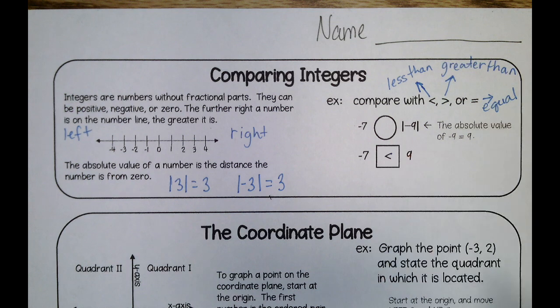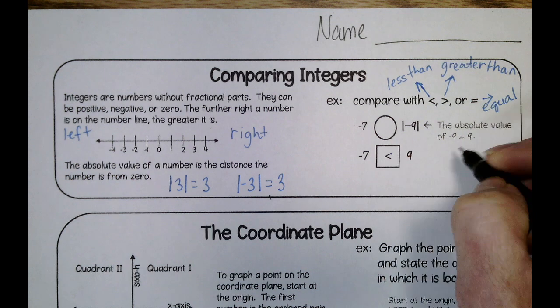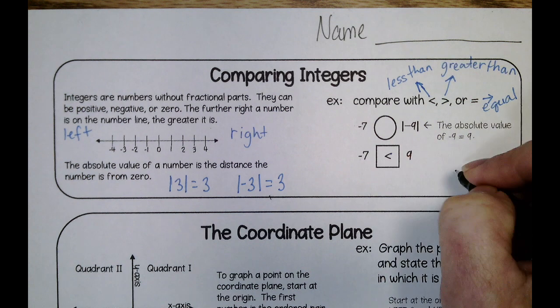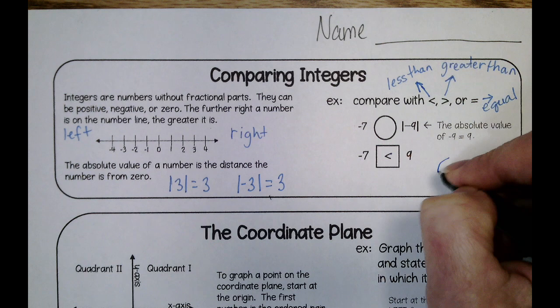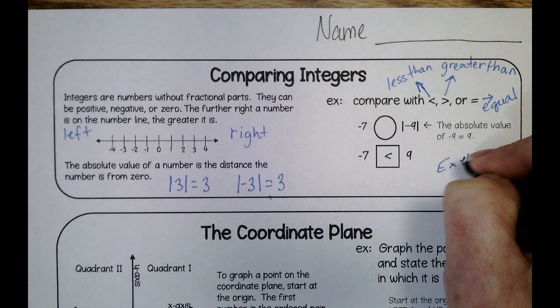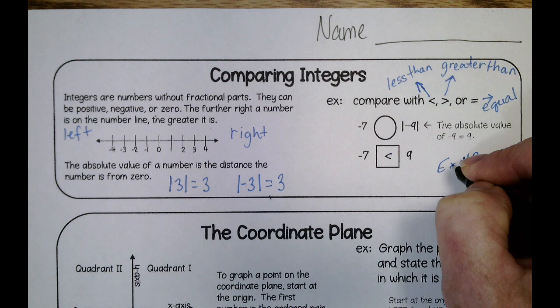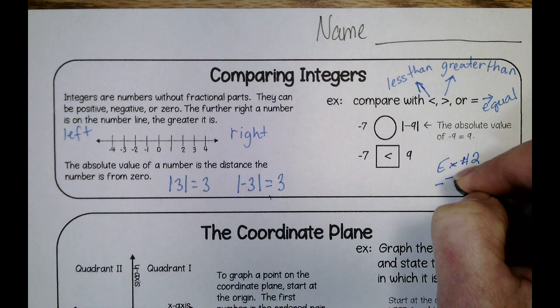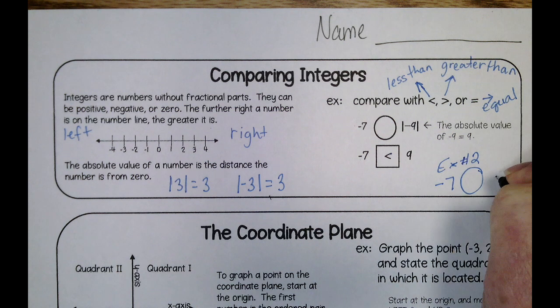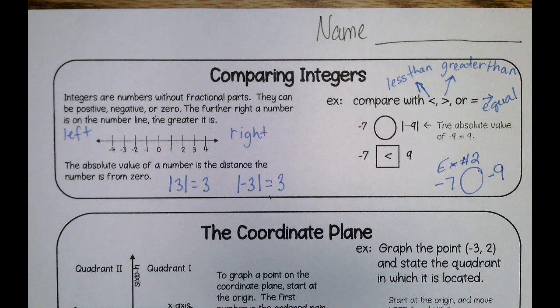I'm going to be honest with you, I don't like this example because I want you to write this up here. Example number 2, if we write negative 7 and we write negative 9, which one do you think is greater? You guys tell me.